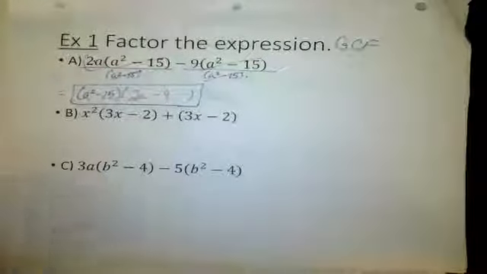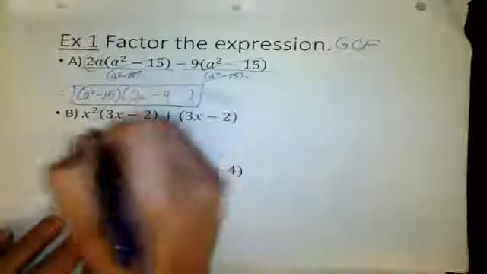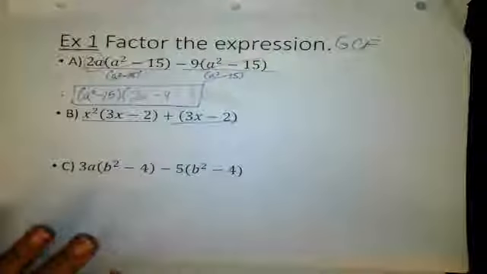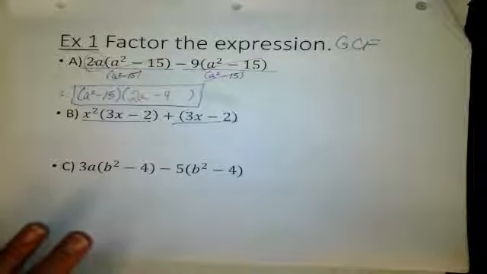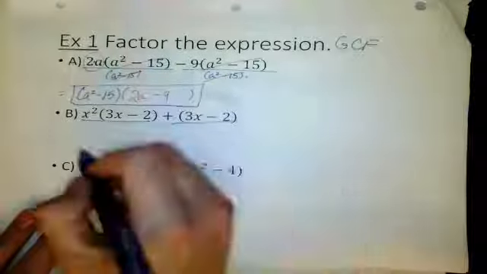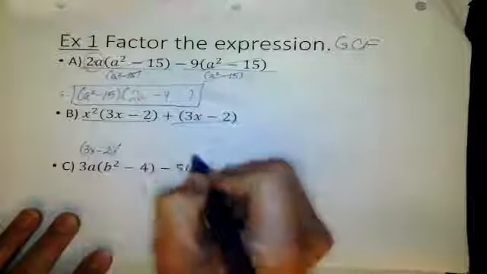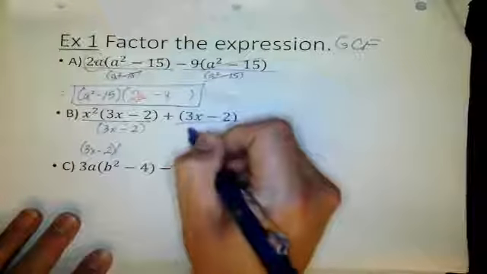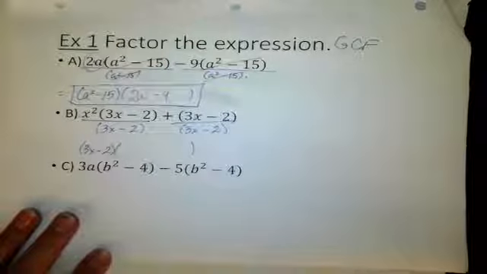So B is a little trickier. So I like to recognize that this is one term times another, and another term. Okay. And then when I look at those two terms, I'm going to ask, well, what do they have in common? They both have the whole group, 3x minus 2, and we need to figure out what's left over when I divide it away, when I undistribute it, when I pull it back.